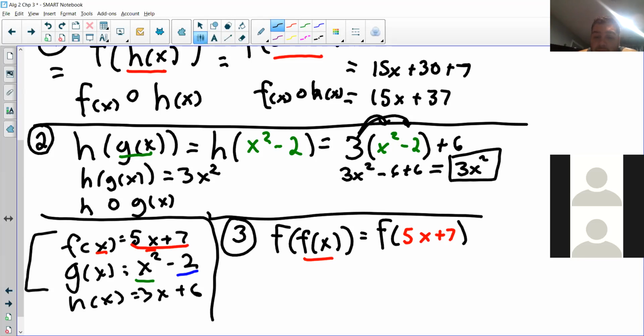From here, I replace that f of x. I have an x here, and every x I see, I'm going to replace with 5x plus 7. Even if it's itself, I could do that. So what becomes is 5 times the inside part, 5x plus 7, plus 7.